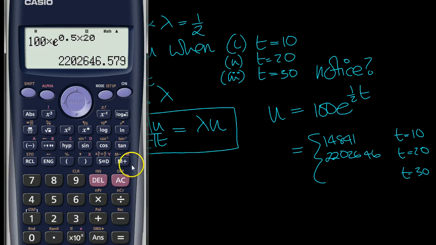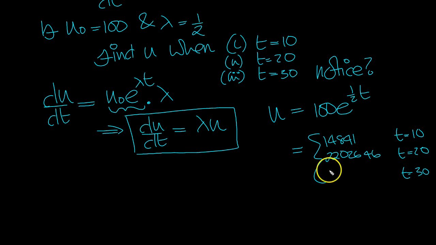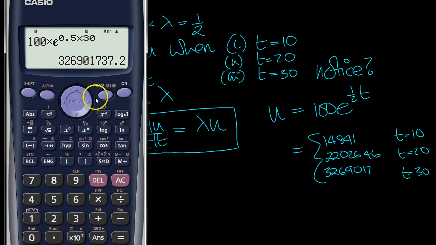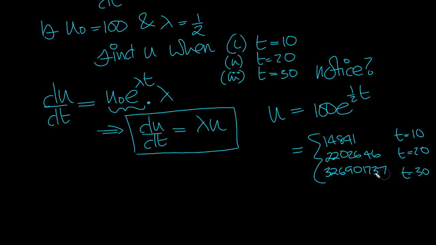Then put t as 30. 3269017. Was it 27 after that? 37.